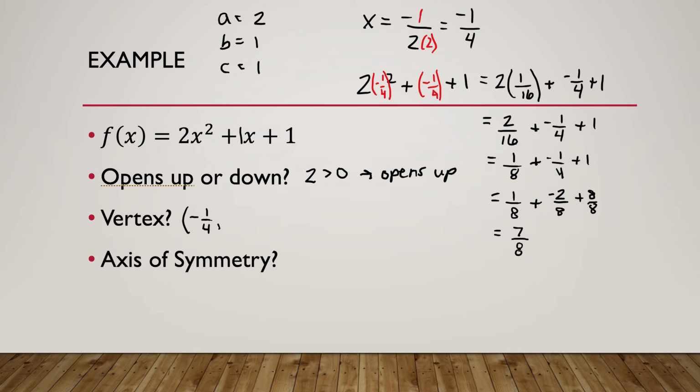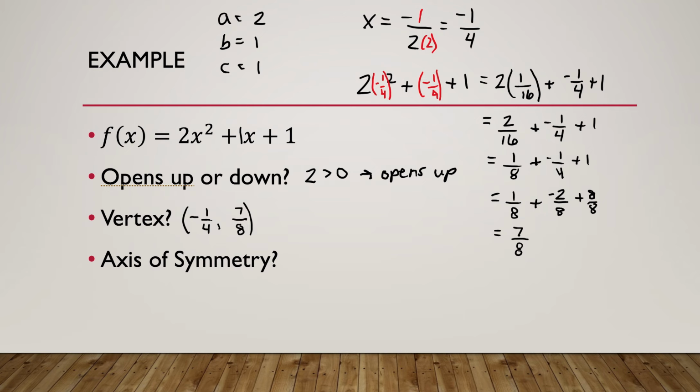And that will be the y value in my vertex. Okay, so we have our vertex negative 1/4 and 7/8.